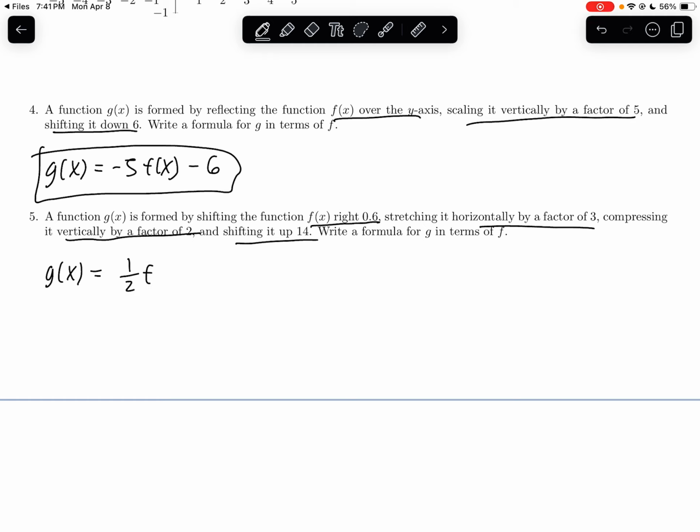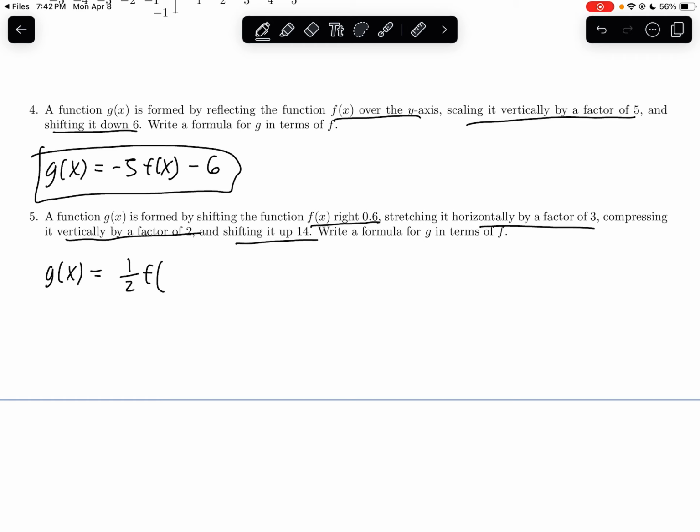The 1/2 goes there because you are compressing it vertically, squishing it. And then what's happening on the inside, to the inputs: you're shifting it right, and you're stretching it horizontally by a factor of 3. That also has to do with the inputs.